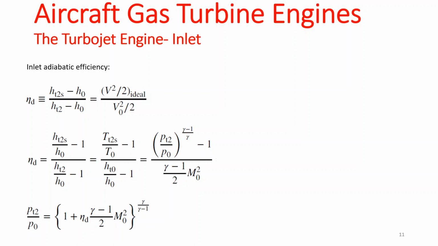That's going to give you the total pressure of the outlet over the ambient pressure, which equals 1 plus the efficiency of the diffuser multiplied by gamma minus 1 over 2, M naught squared, to the power gamma over gamma minus 1.